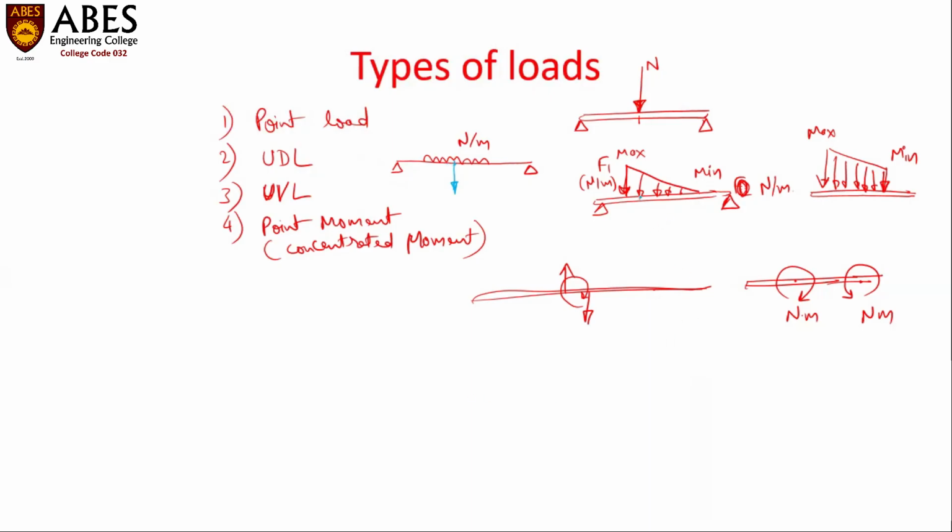In case of UVL, we will take the distance from a point which divides this whole length of UVL in the ratio of 1:2.